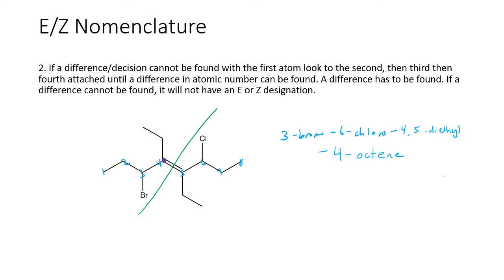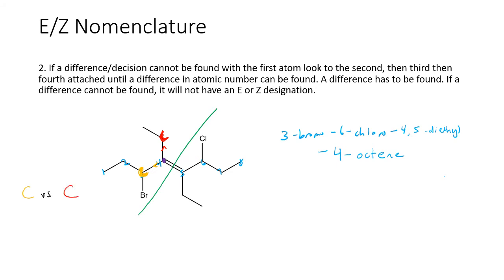If we go down from the dot, right here, we come to a carbon. If we go up from the purple dot, what's right here? Another carbon. So at first, we don't have a tiebreaker. Both positions one away from the double bond on the left-hand side, we have carbon versus carbon.